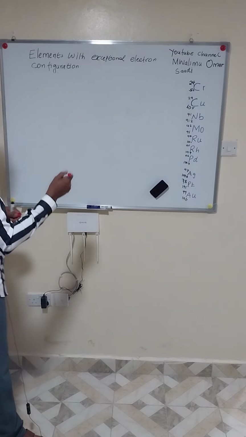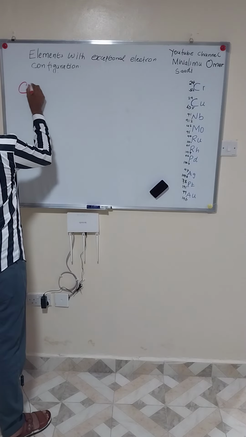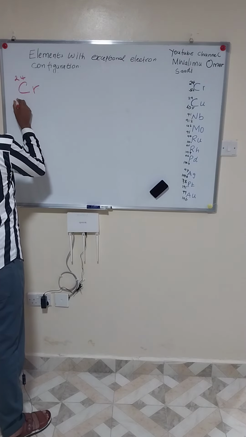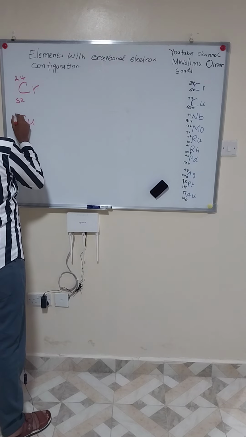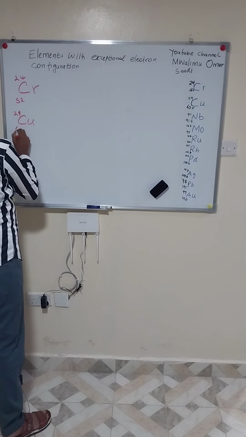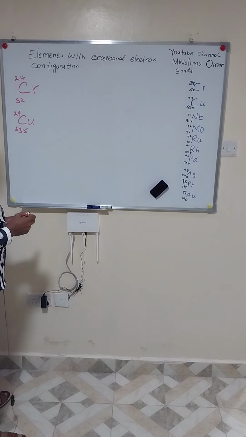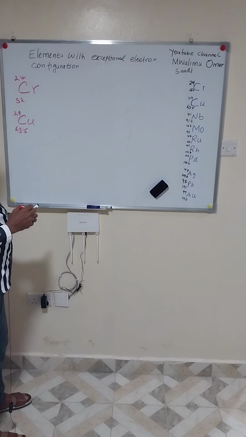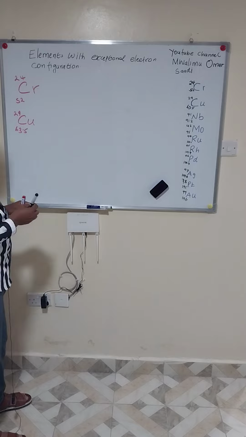So let's start with chromium. And let's also see copper. So let us write the electron arrangement of chromium and see where it has exceptions.